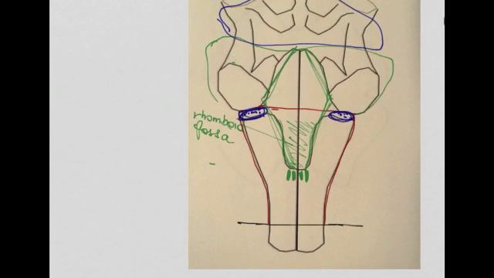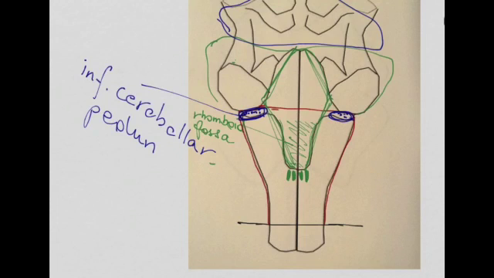It's mainly an entrance to the cerebellum rather than an output of the cerebellum. And this is called the inferior cerebellar peduncle. This will allow, for example, among others, the dorsal spinocerebellar tract to reach the cerebellum on its way from the spinal cord.